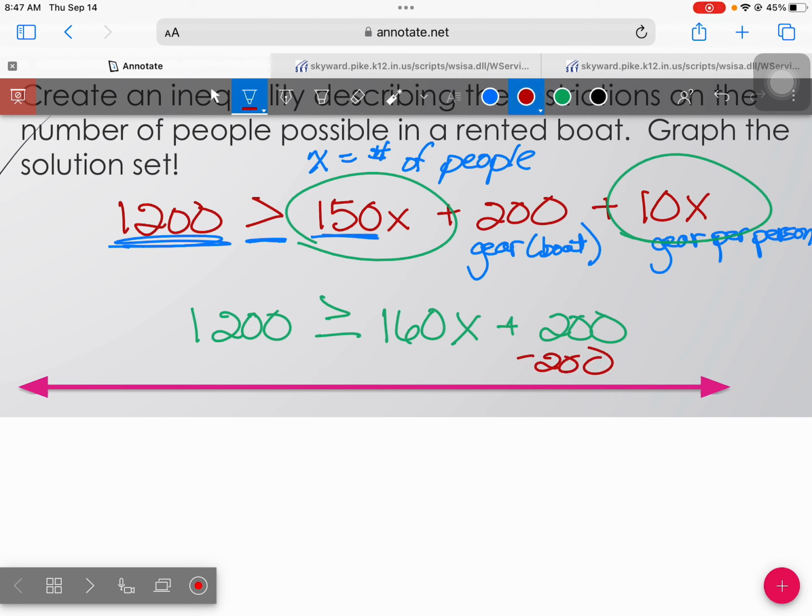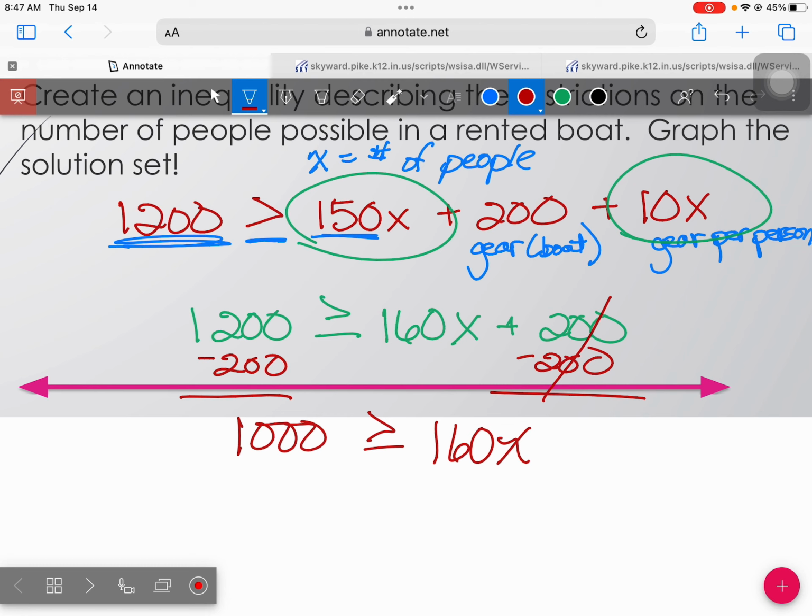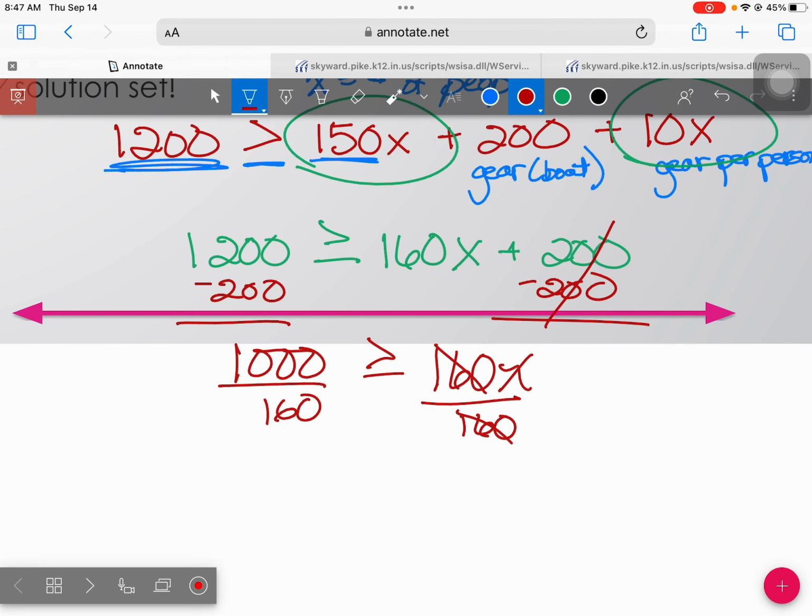Subtract 200 from both sides. 200s cancel out. 160x is less than, if I'm reading it backwards, 1,000. Divide by 160. Am I dividing by a negative number? No, so I don't have to flip the sign.